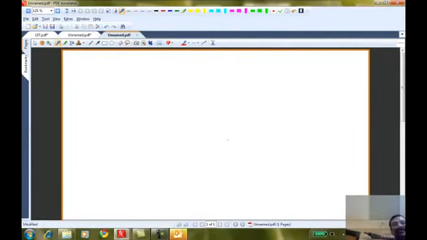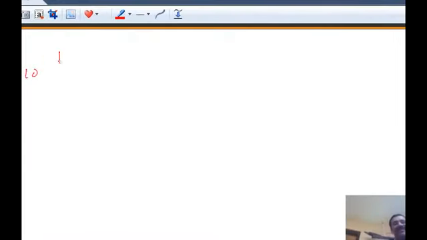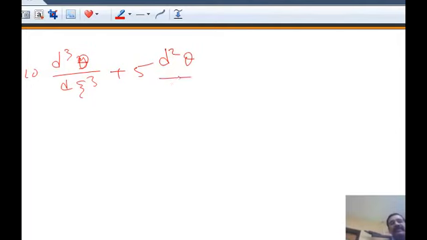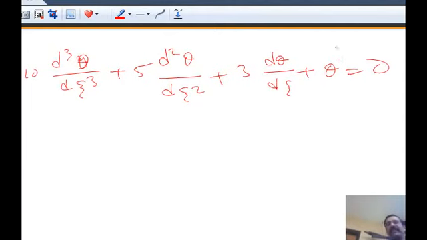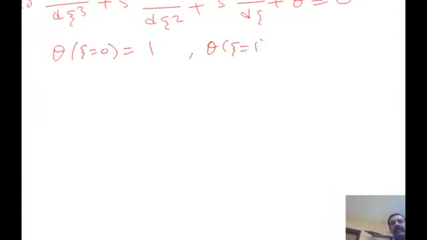Okay, so I have 10 d³θ/dψ³ plus 5 d²θ/dψ² plus 3 dθ/dψ plus θ² equal to 0. And I have boundary conditions: θ at ψ equal to 0 is 1, θ at ψ equal to 1 is 0.